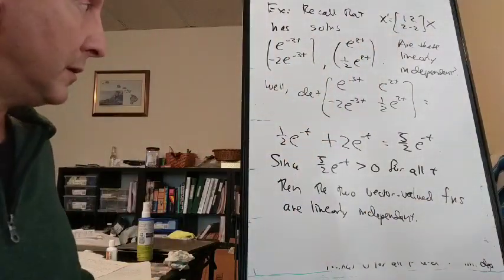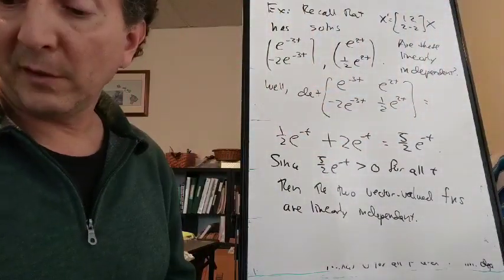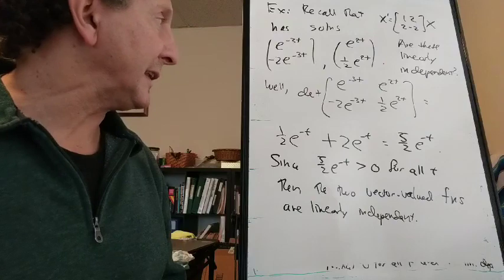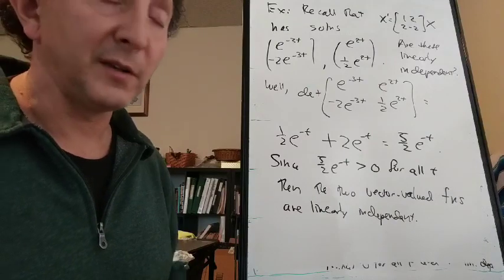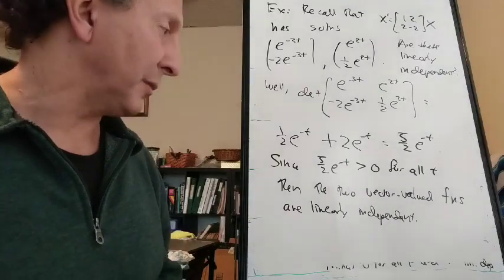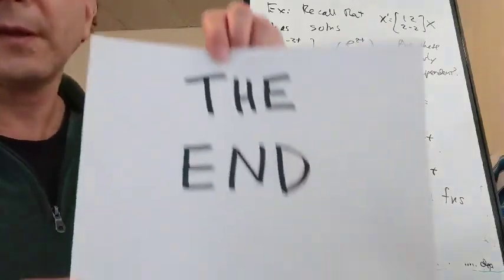Deciding when solutions of a linear system are linearly independent is going to be an important part of stating the entire set of solutions to that system of differential equations. The end.